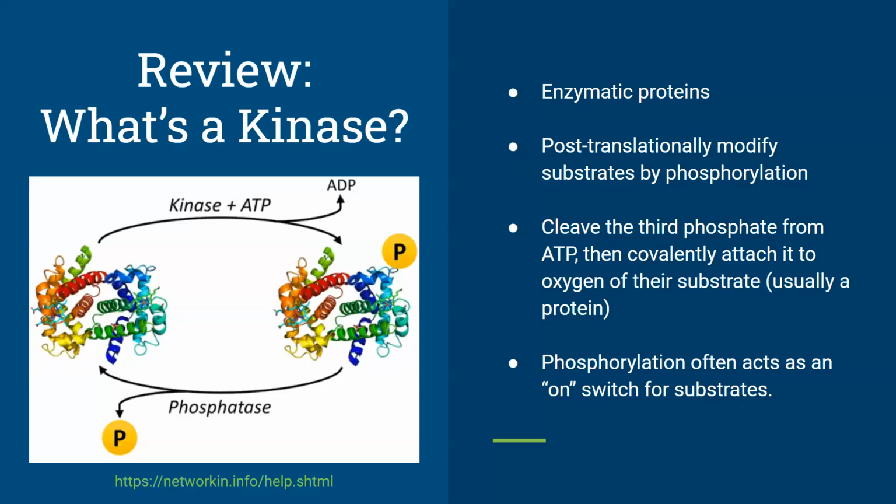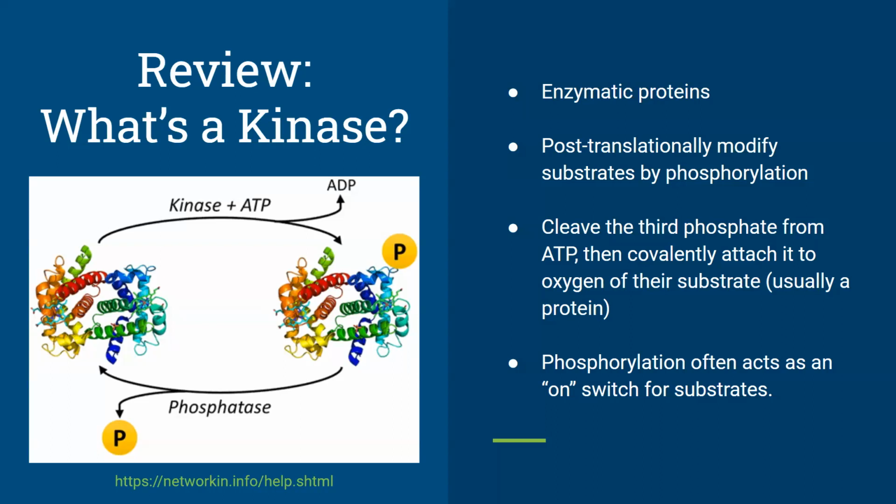So just as a quick review, kinases are enzymes. They're a type of protein that phosphorylates their substrate, which is usually also a protein. And that's a type of post-translational modification. They do that by taking ATP, cleaving the bond between the second and third phosphate, and then attaching the phosphate to an oxygen on their substrate.